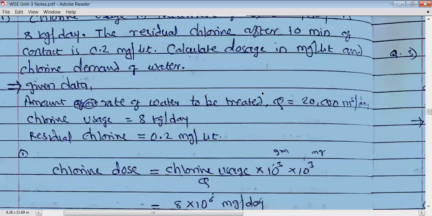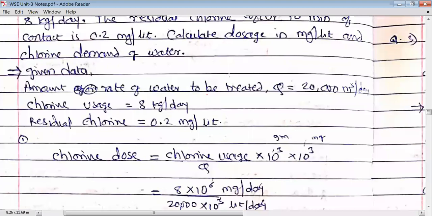Yes, sir. Okay. See, we have written the formula for chlorine demand. Chlorine demand is equal to chlorine dose minus residual chlorine, right? So residual chlorine is known to us, but we don't know what the chlorine dose is.